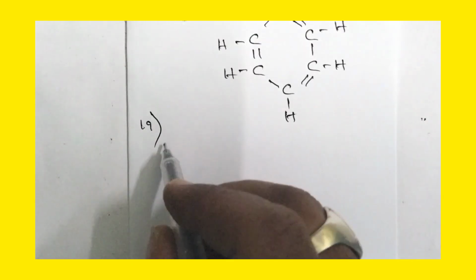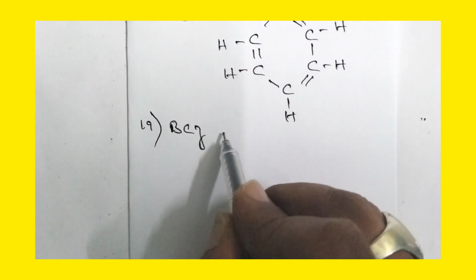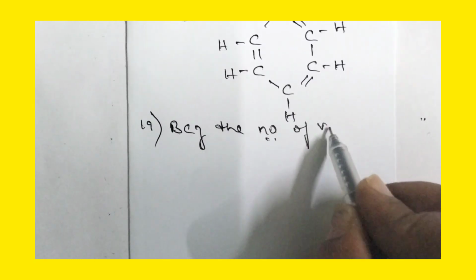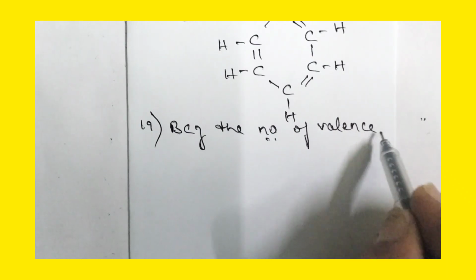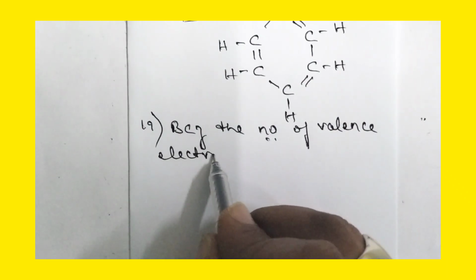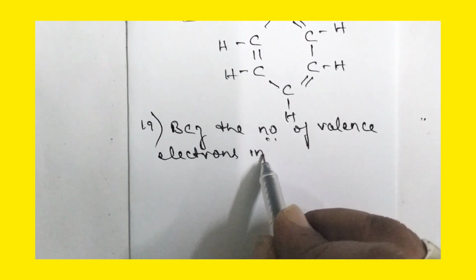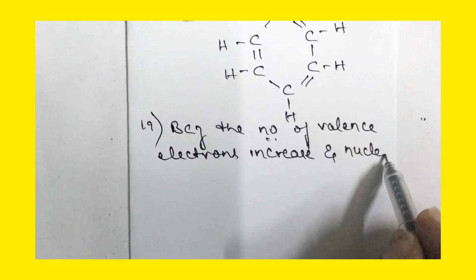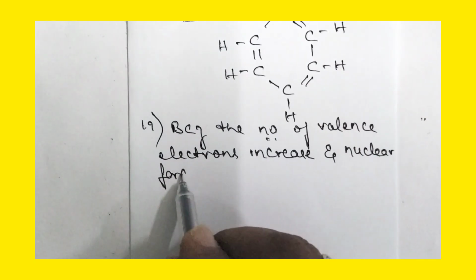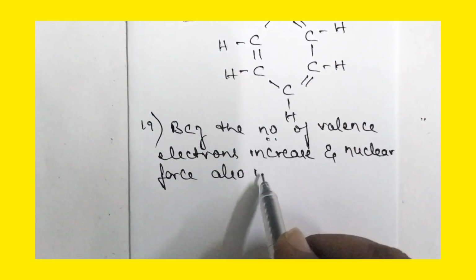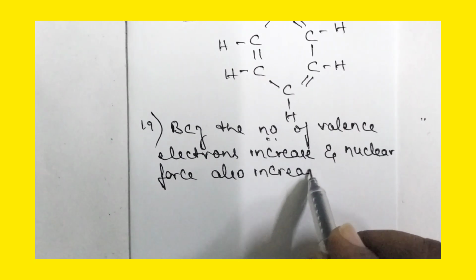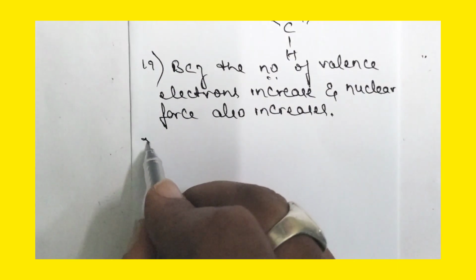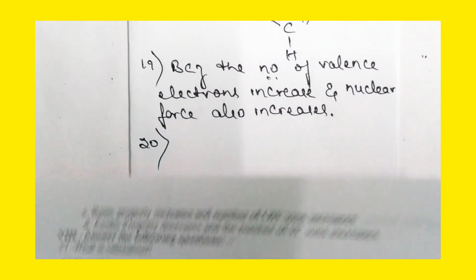The reason is that the number of valence electrons increases and the nuclear force also increases. As the valence electrons increase, the nuclear force also increases, and hence the atomic size decreases. This is the answer for the 19th question.